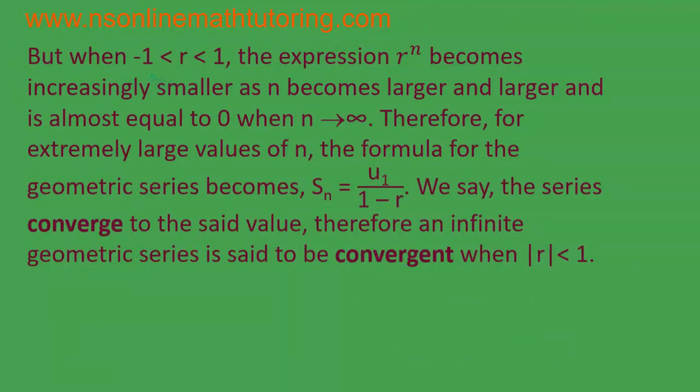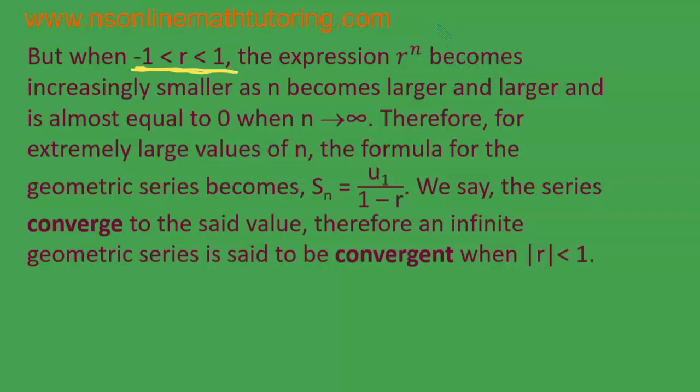But when the common ratio lies between -1 and +1, then the expression r to the power of n becomes increasingly smaller as n becomes larger and larger. Okay, let us see. r is lying between -1 to +1.